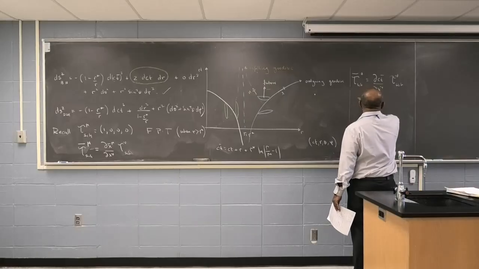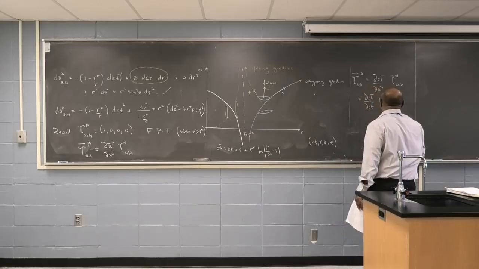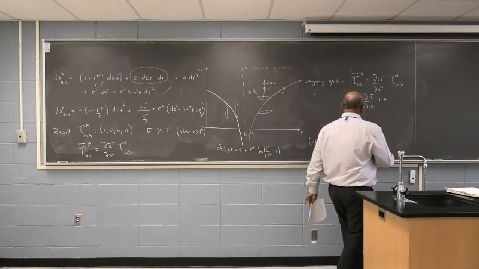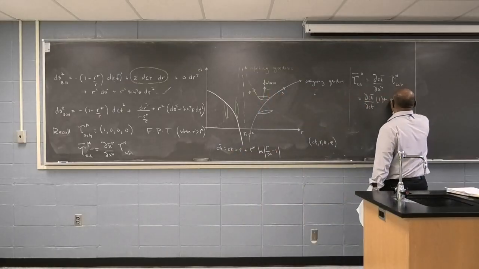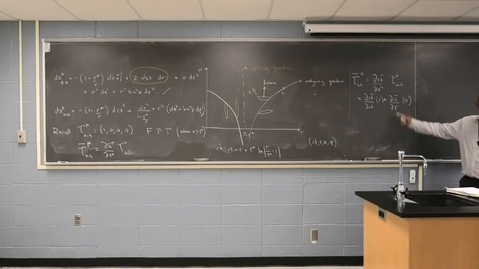It'll have dCT bar over dCT, 1, plus, because this has T and R in it, technically it would have dCT bar over dr, 0, because t nu does not have a radial component.